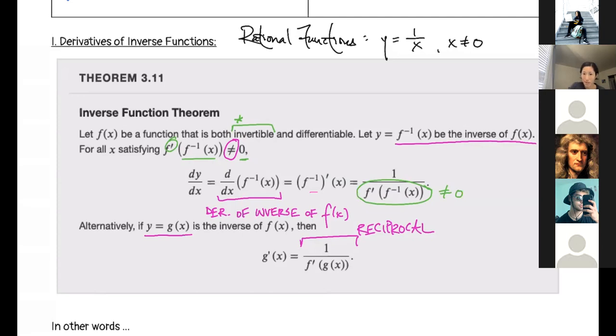I wonder if, just like we were able to turn this into words, like we said, the derivative of the inverse of f of x, before we go to the Desmos activity, can we turn this into words?